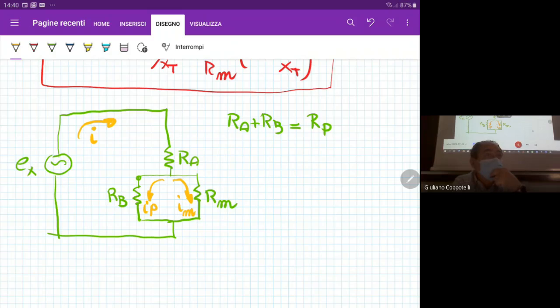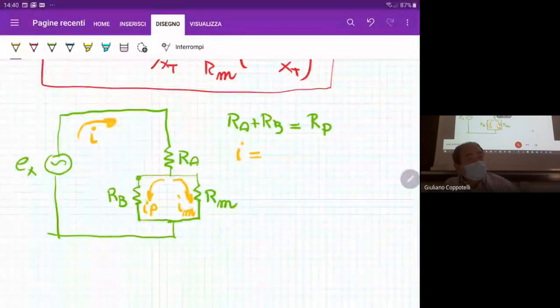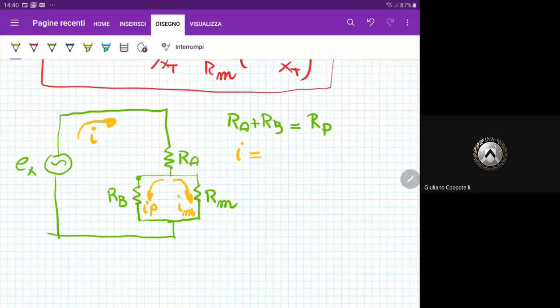Can you see it? Of course, I, the overall current, is the sum of the two, so IP plus IM.